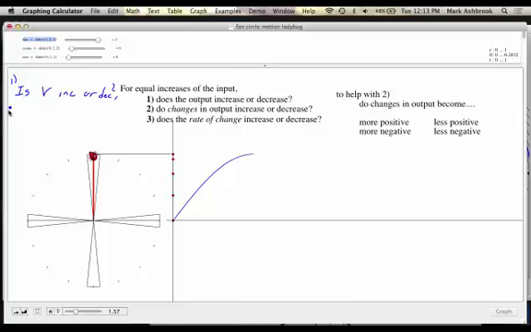And then, are changes in V increasing or decreasing? So you can answer these 2 questions for quadrant 2, for quadrant 3, and for quadrant 4.